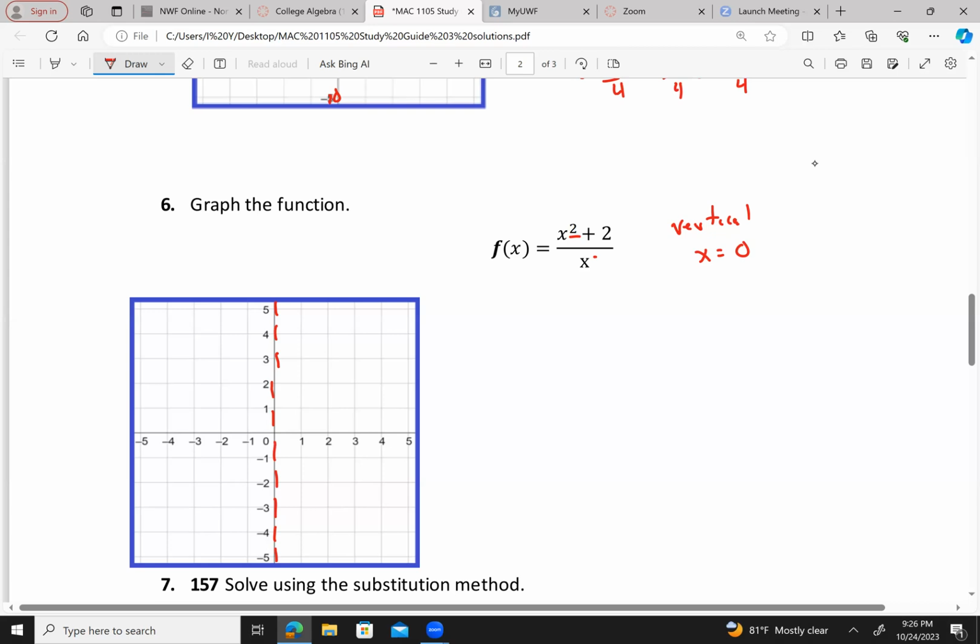But 2 is 1 greater than 1, so we have a slant. We take x into x squared plus 0x plus 2, and that's simply x. It gives us x squared. When we subtract, we get 0, bringing down that 2 again, which doesn't matter. So this is simply y equals x, which is basically this.